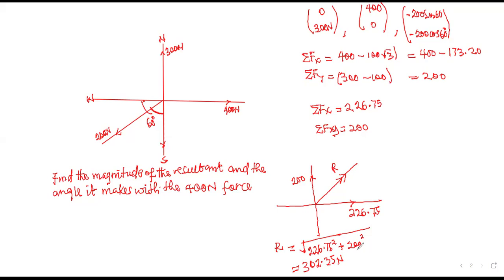And then the direction. The direction is 41.4. So let's see. If we take tangent of alpha, meaning the angle it makes with the east, which is the axis on which the 400 Newton acts, we have tan of alpha equals 200 over 226.75.